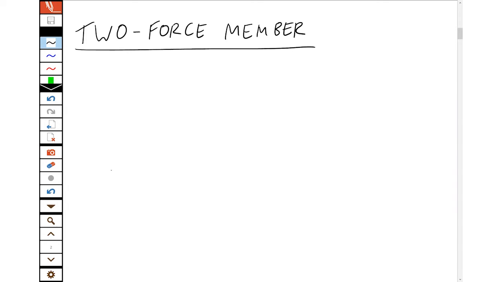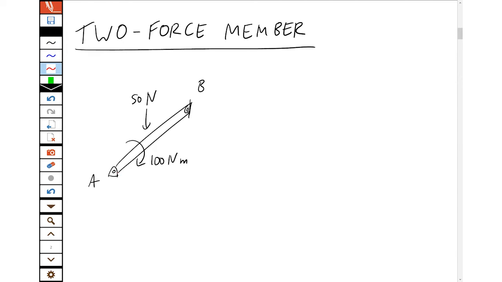Well, a standard member, we have something that's pinned down at both ends. So this is pinned down at A and at B, and it might have a force acting on it. It might have a moment acting on it. So what are the support reactions on this member? Well, A is a pin.